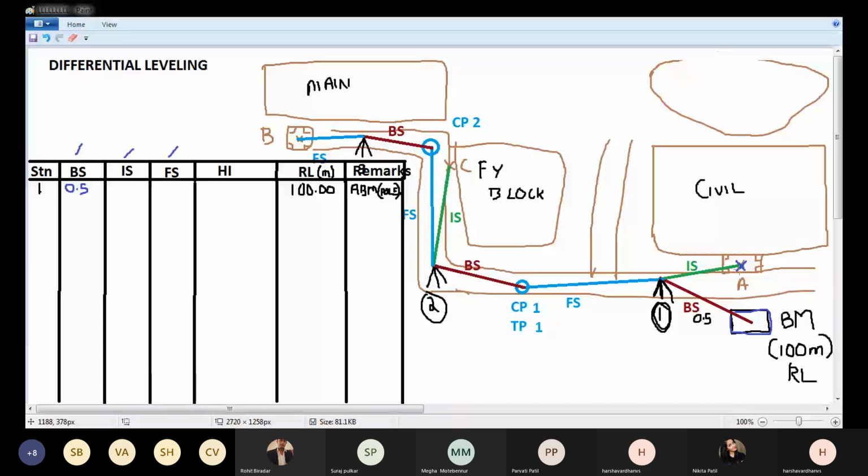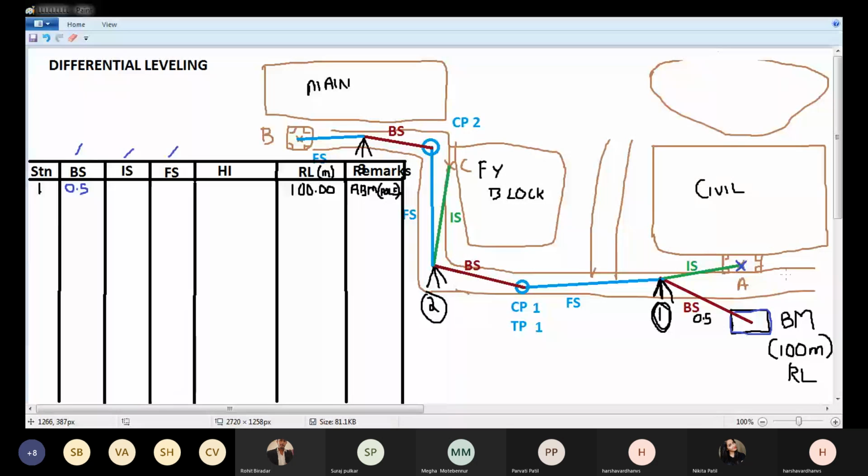I don't know its elevation. So if I'm taking a staff reading on a point whose elevation is unknown, that reading is called intermediate sight or foresight. Any confusion? Intermediate sight and foresight are staff readings taken on points whose elevations are unknown.